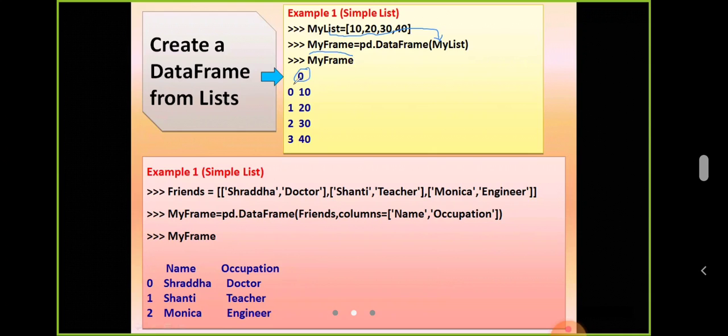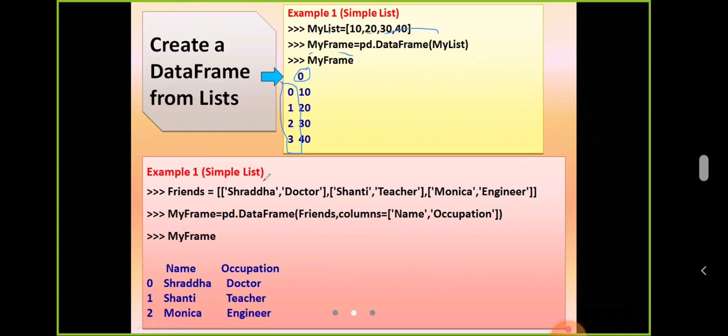As we have discussed in the previous slides, if I am not giving the columns or indexes, then by default it takes automatically 0, 1, 2, 3. Row indexes are 0, 1, 2, 3, and column is only 1. So index of the column is 0 here. Clear?